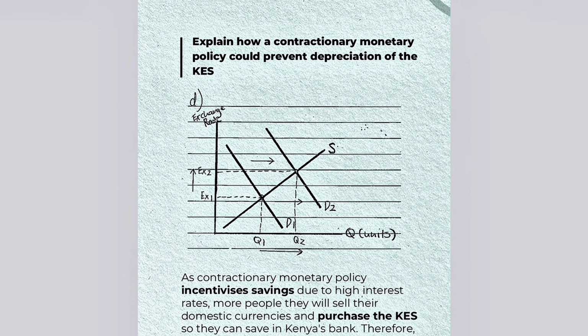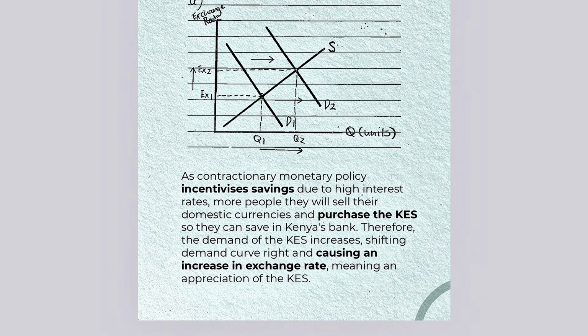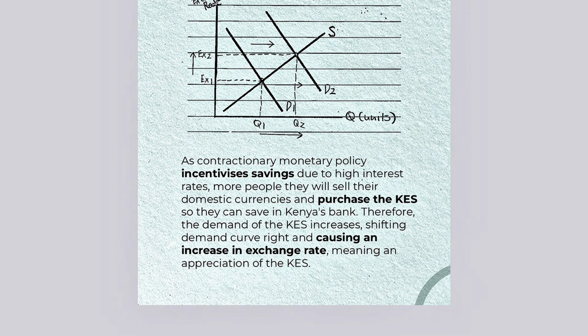And this candidate explained that contractionary monetary policy incentivizes savings, which in turn people will purchase the KES and put it into a bank. And the purchase of KES means that there is demand for KES, which will shift the demand curve to the right, which causes an increase in exchange rate. You can see here that this candidate did not use any of their labels from the diagram in the explanation, but yet they still got 2 marks, as they had the cause and effect.